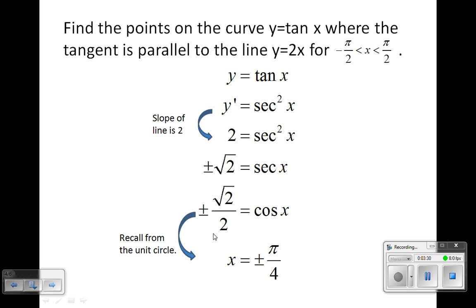Then I have to think on my unit circle, as I put over here, what angle has a cosine of root 2 over 2 or negative root 2 over 2. So pi over 4 and negative pi over 4 are the answers on the unit circle that are in this given interval that was initially stated in the problem. Okay.